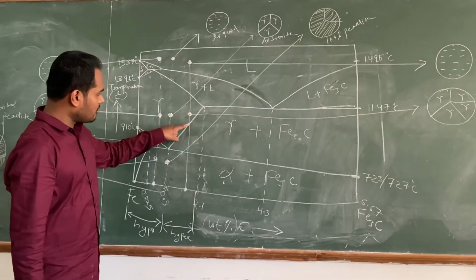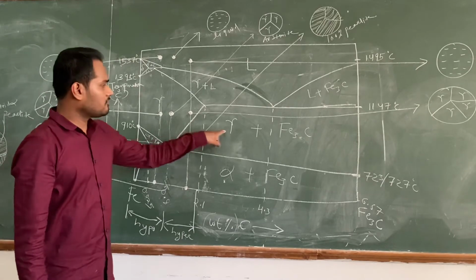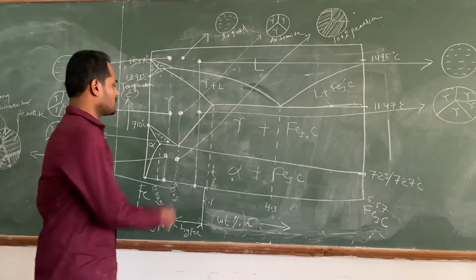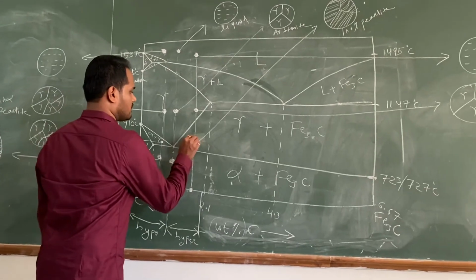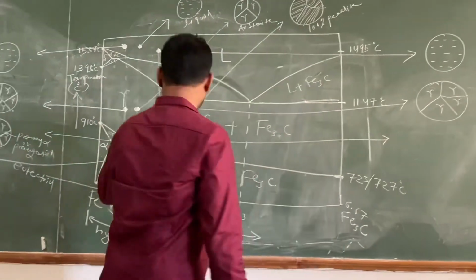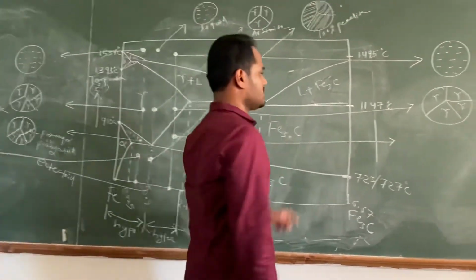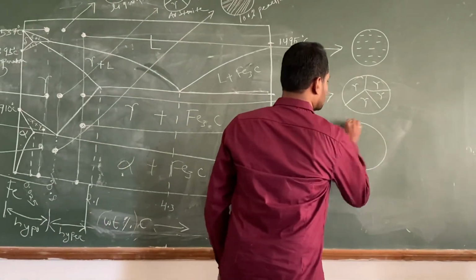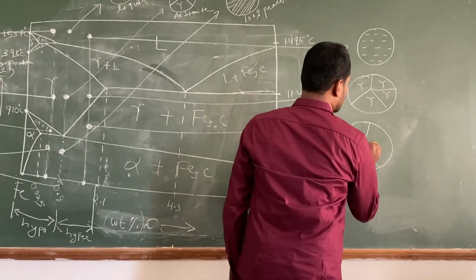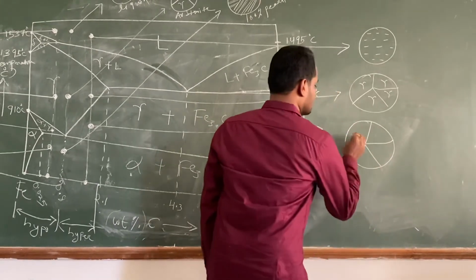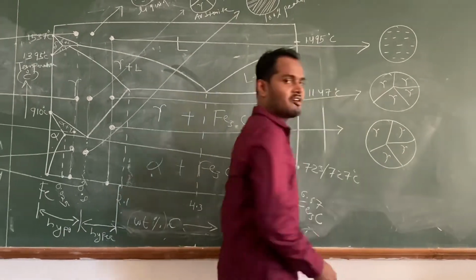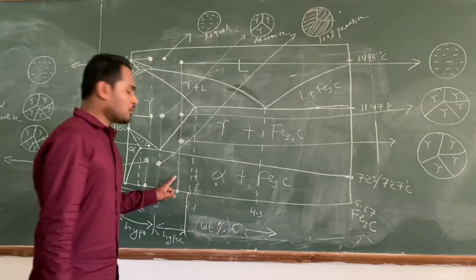Just the moment I go below this temperature, I have a two phase region, gamma and cementite, right? Suppose I want to draw the diagram of this one. So this will be what? I have gamma and Fe3C. So I have gamma. Gamma is suppose like this. Already we have this one. Okay. So gamma. Now Fe3C. Fe3C is now a proeutectoid phase.